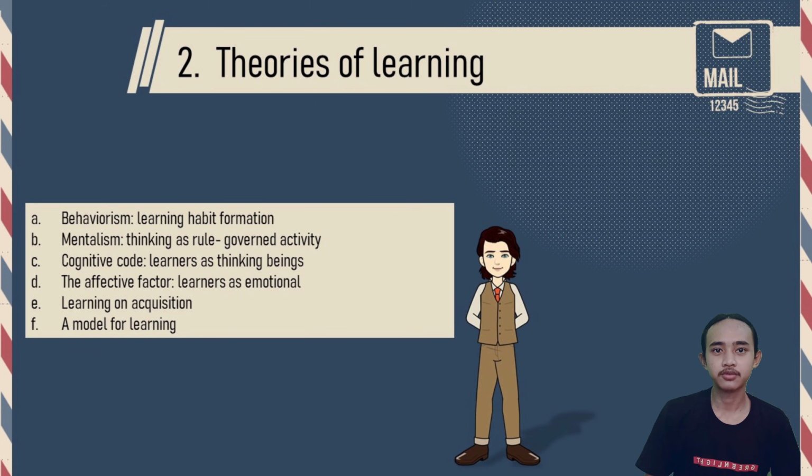Okay, next, number 2. Theories of learning. Language can only be understood as a reflection of the human thought process. Language is conditioned by observing thoughts, organizing, and storing information. A. Behaviorism, learning as habit formation.